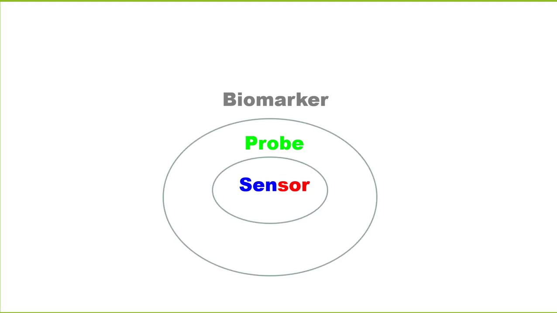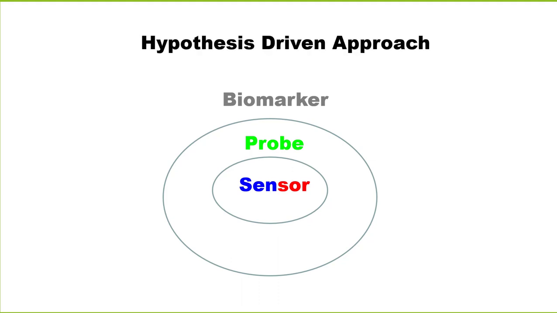So in a sense, a sensor is a small part of probes. A probe, even though it doesn't show any changes, still can report. Then we can call it a probe. Some people are sometimes confused with these two terms, biomarker and probe, but we define a biomarker as a biological signature inside the body. A probe is something we put in from outside.